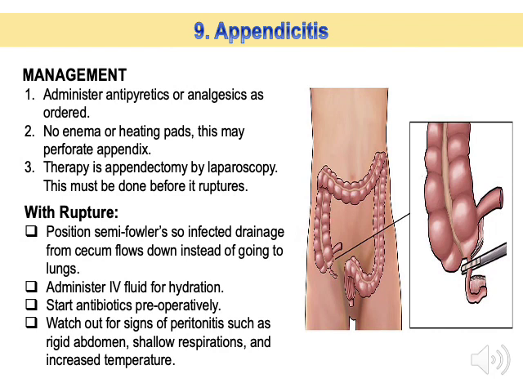Second, administer IV fluid for hydration. And third, start antibiotics pre-operatively. Because peritonitis is the potential danger, watch out for its signs. It includes rigid abdomen, shallow respirations, and increased temperature.